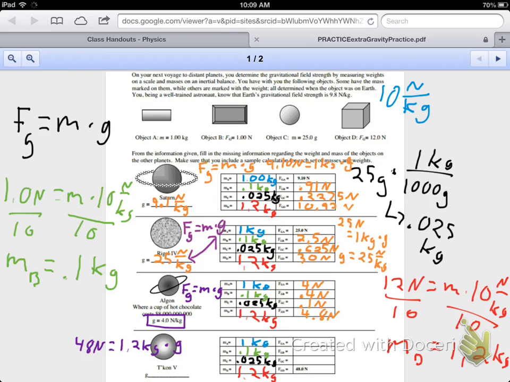So we divide by 1.2 kilograms, so we get a G of 40 newtons per kilogram, which is 10 times what it is here on Earth.